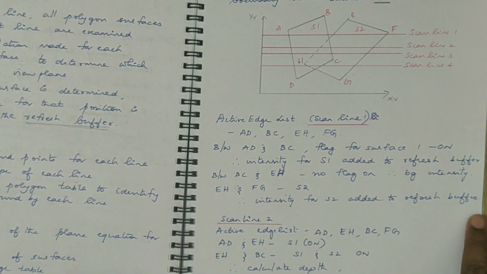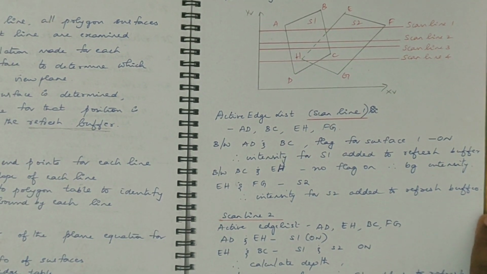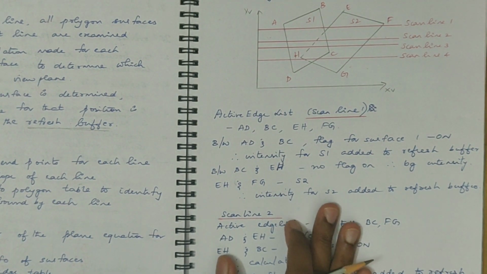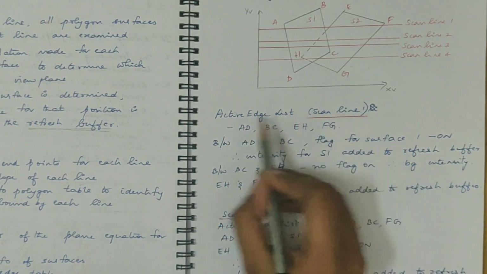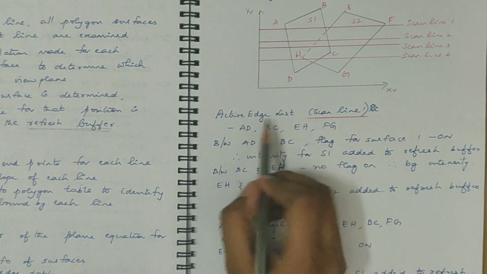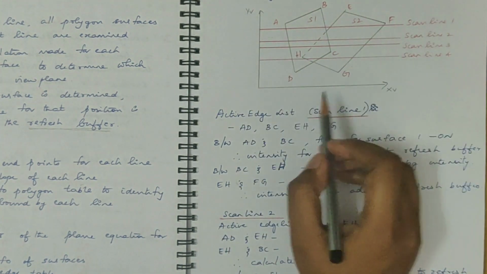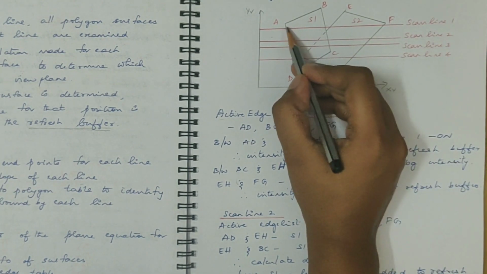Our table that will be used here is the active edge list. That is the most important table that you have to consider. If you take scan line 1, first you have to write down the active edge list. You have to remember here that the edges will be entered in increasing order of X value. For scan line 1, you have the intersecting edges.